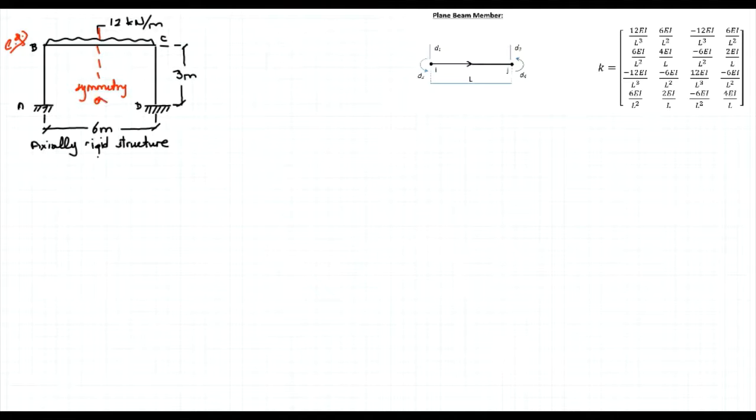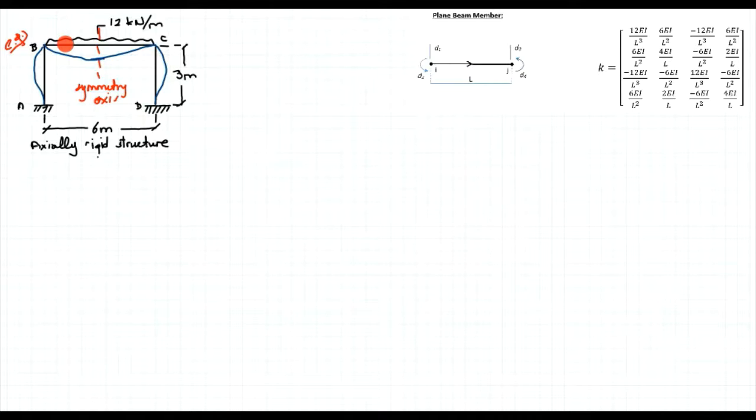If we try to visualize the deformed shape, we expect to see a deformed shape like that. Sorry for my drawing, but we know that here at the middle the rotation should be equal to 0. So that's the symmetry axis.